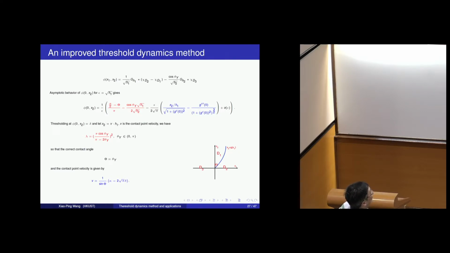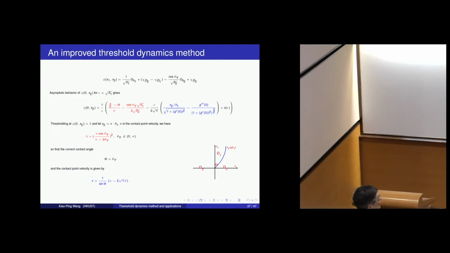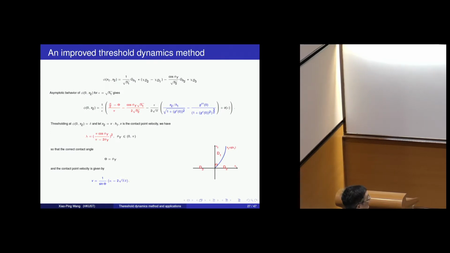This is the function that we use for the thresholding. I have a solid boundary here, which is x2, and I have a d3 here. You want to see how the interface moves along this solid surface.